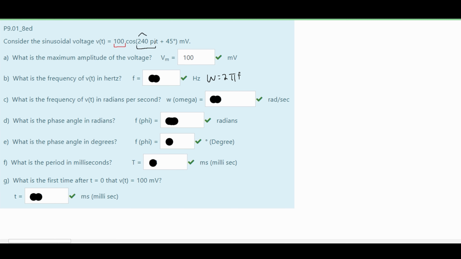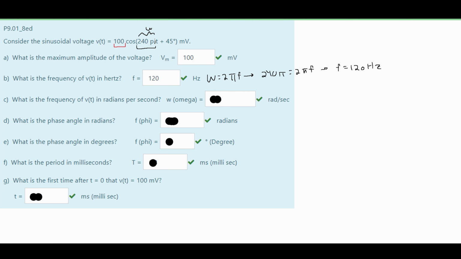So we write 240 pi is equal to 2 pi f. If we divide everything out, we get that our frequency is equal to 120, and frequency is measured in hertz. So if we erase this, we can see that 120 hertz is our answer.